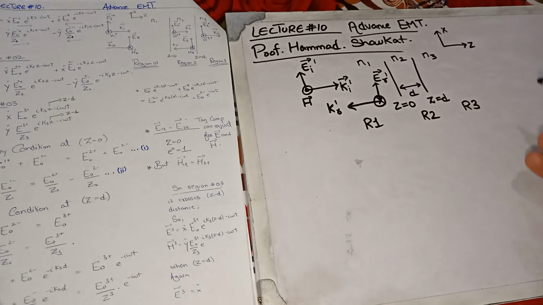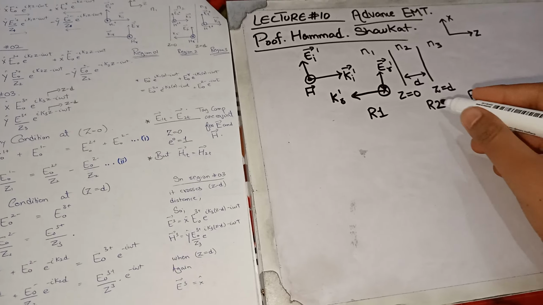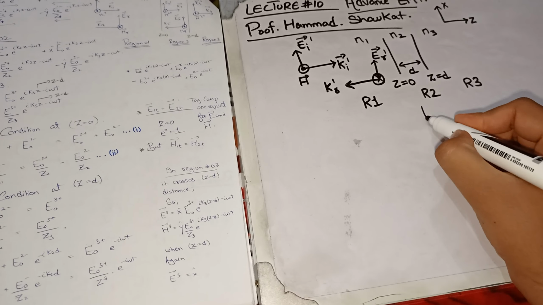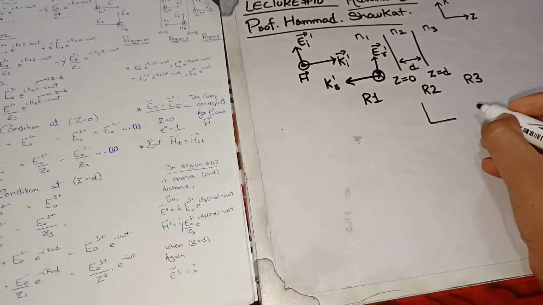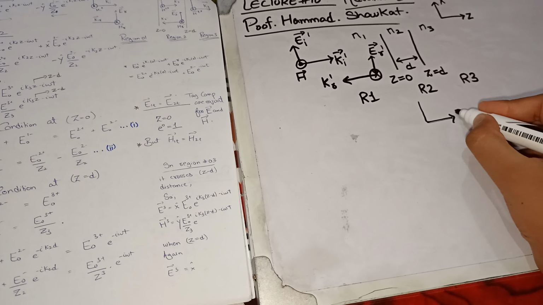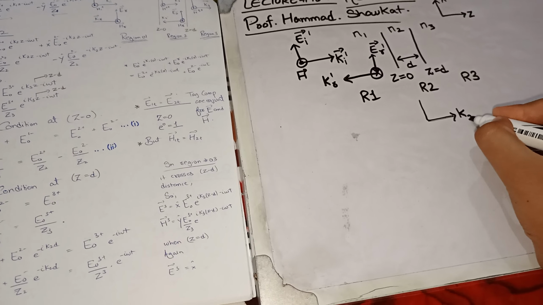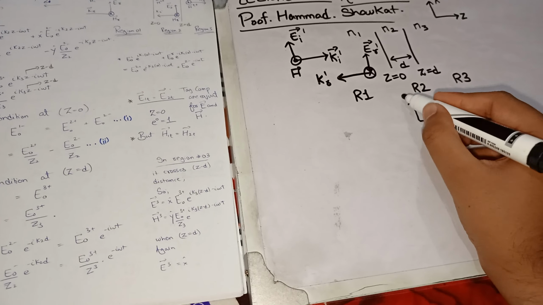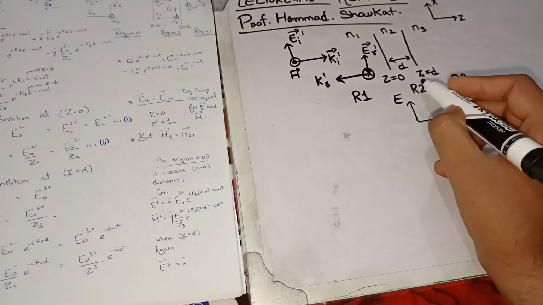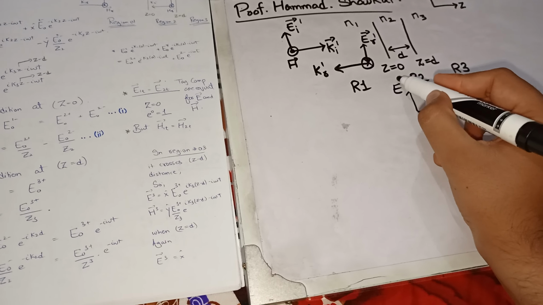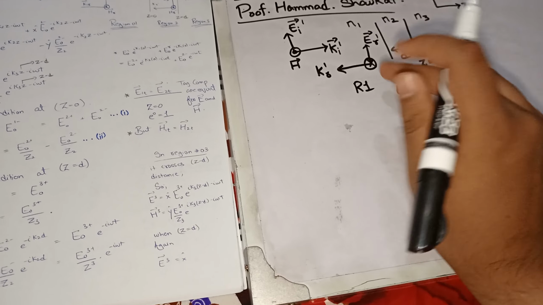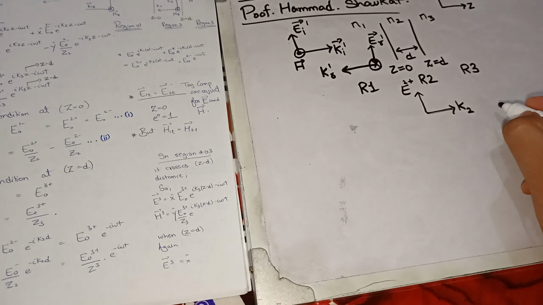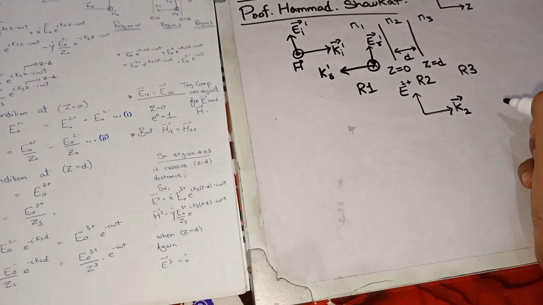So let me draw the second region below. Some of the wave goes into the second region. Again, it now has k2 because you are in the second medium. K2, and the direction of the electric field is the same. It becomes E2 plus, and this is k2.